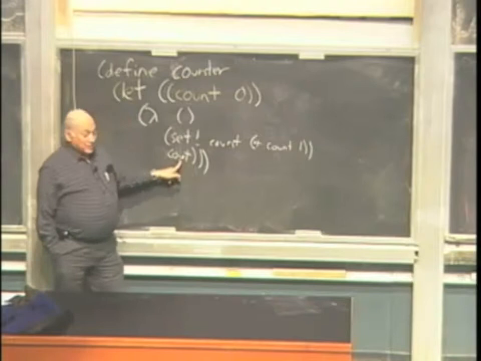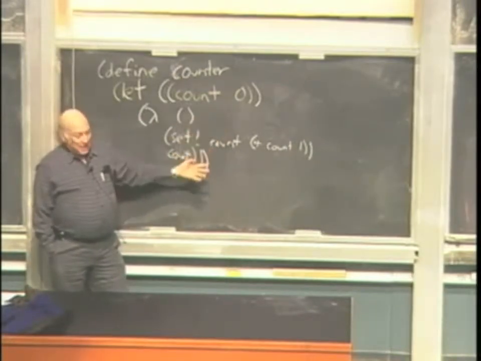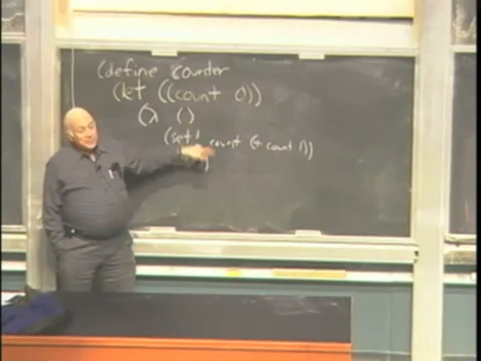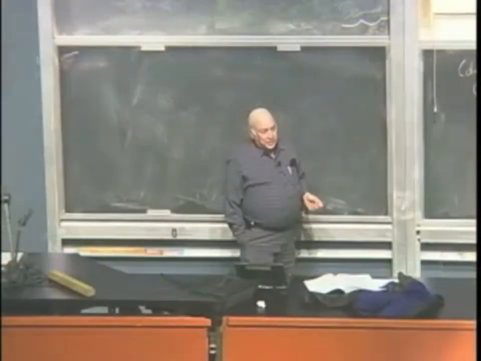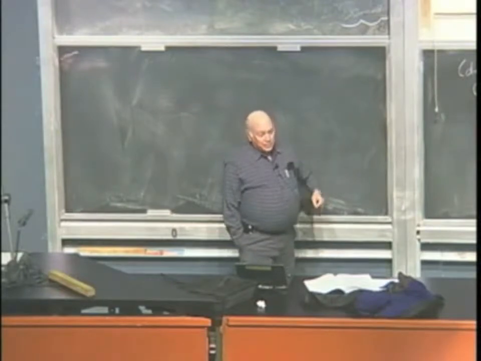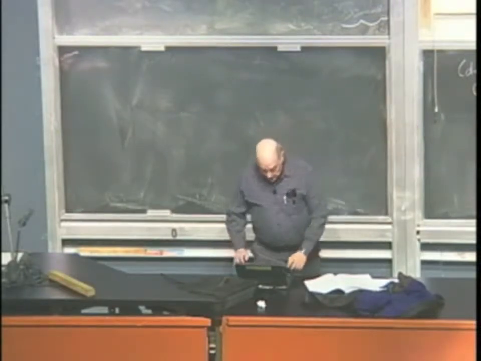No matter what the set! makes of that, this is going to just return 0 every single time. So we need a different model of evaluation that takes into account the possibility of changing the value of a variable, and of a local variable, and makes that possible.